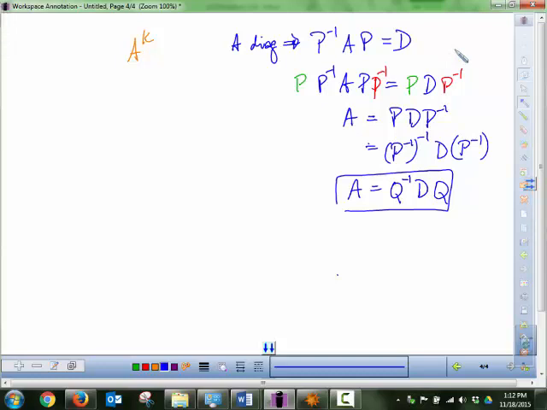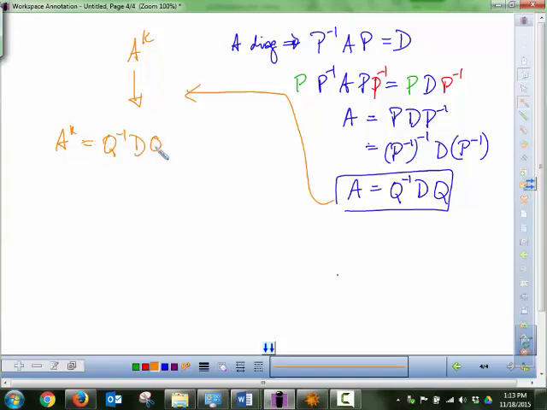Okay? All right, so now that we're able to take that idea and we take A and raise it to the kth power, what does that mean? That means A to the K is equal to this whole thing, Q inverse DQ raised to the K power.